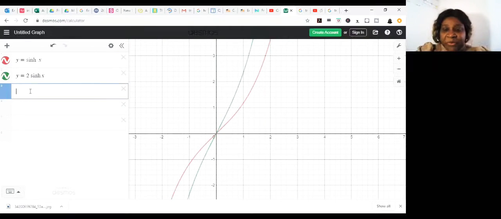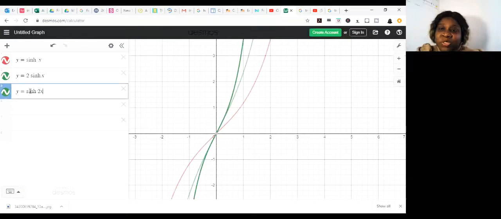Let's put a different one. y is equal to sinh 2x. Slightly different, yeah? y is equal to 2 sinh x. Let's choose a different color.